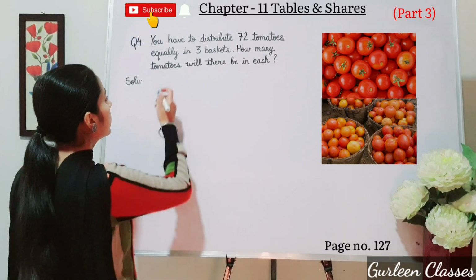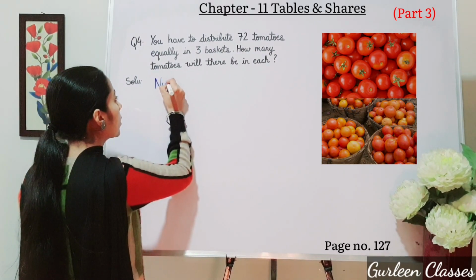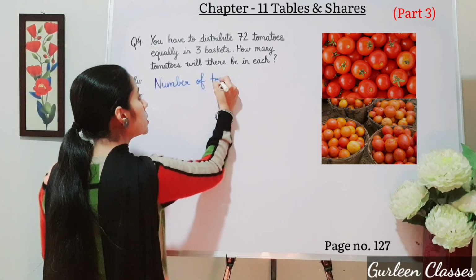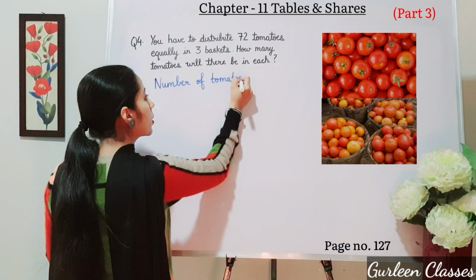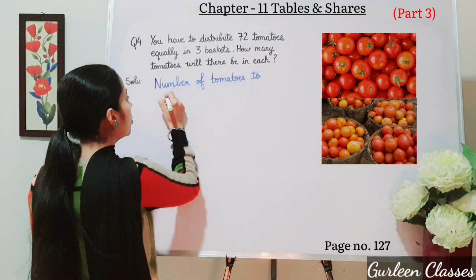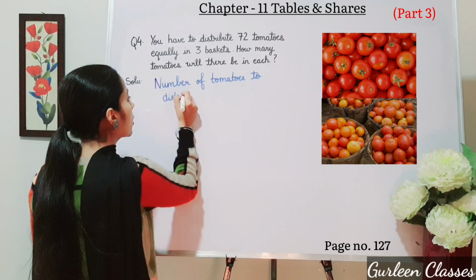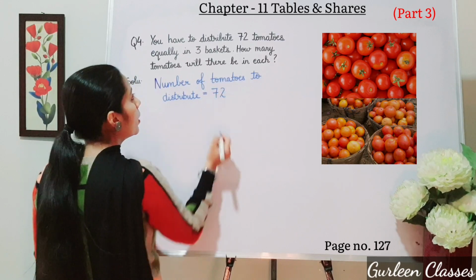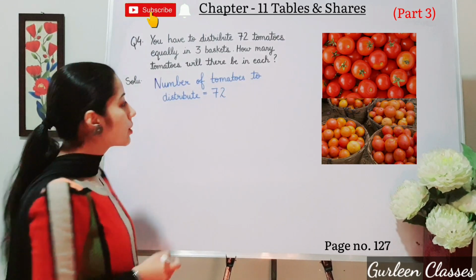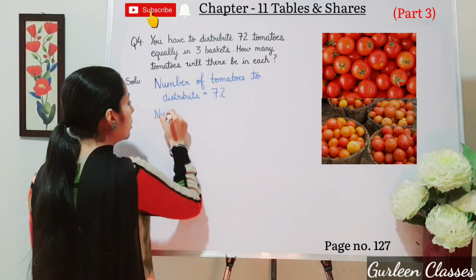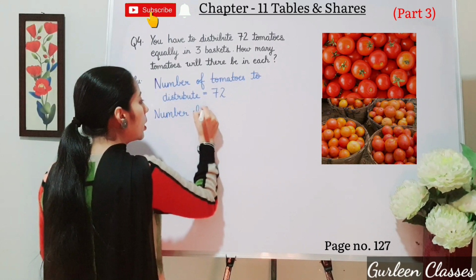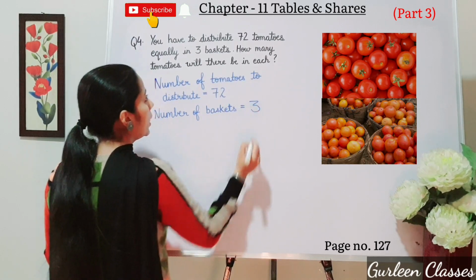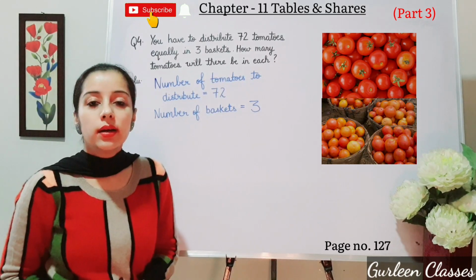So let us write here number of tomatoes to distribute is equal to 72 and number of baskets are 3. So write here number of baskets is equal to 3.